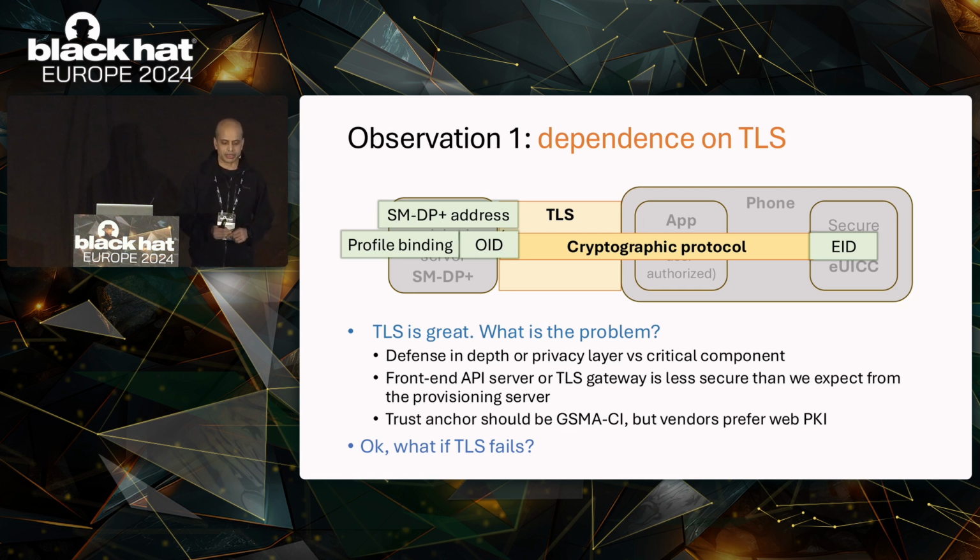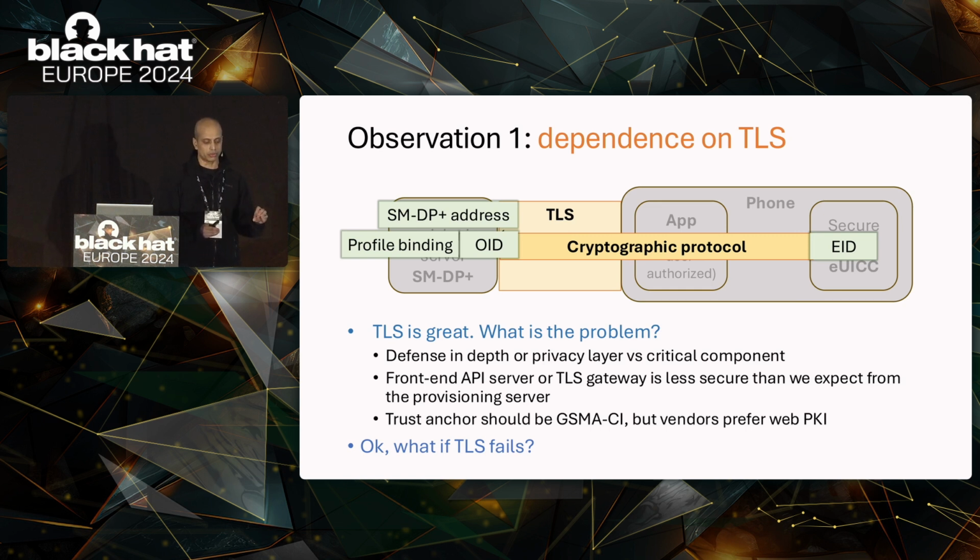Then the next question is, what if TLS fails? And why are we asking this question here? Because from an implementation and development perspective, we know that this TLS certificate, in this case the SMDP's address, usually resides in the TLS gateway or in the web server.